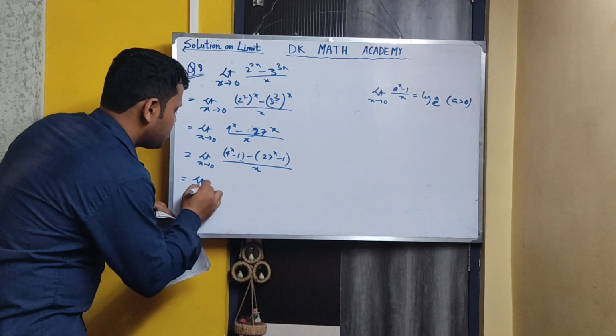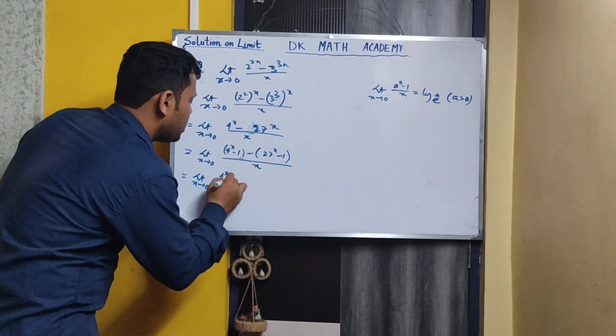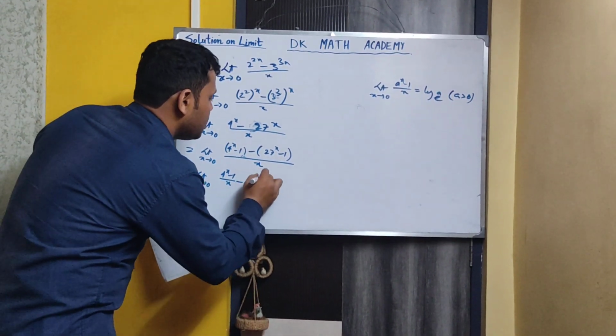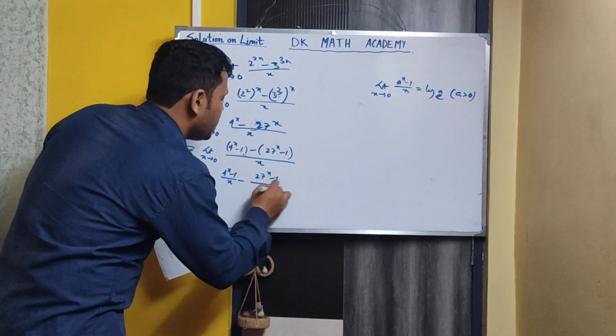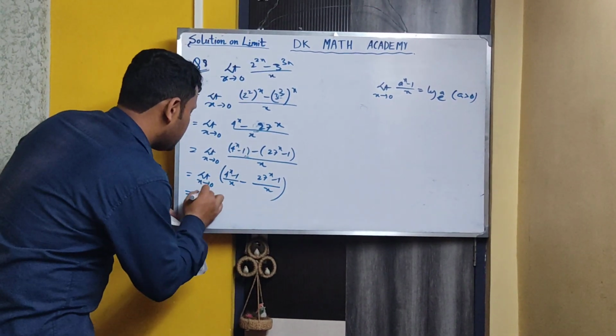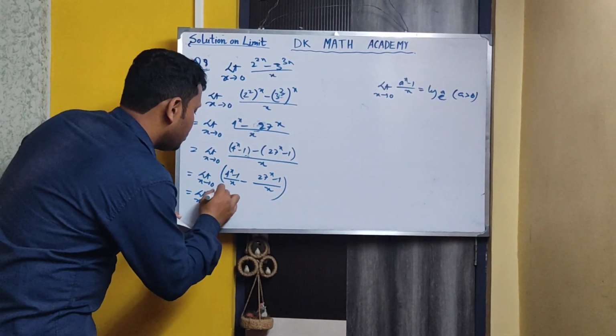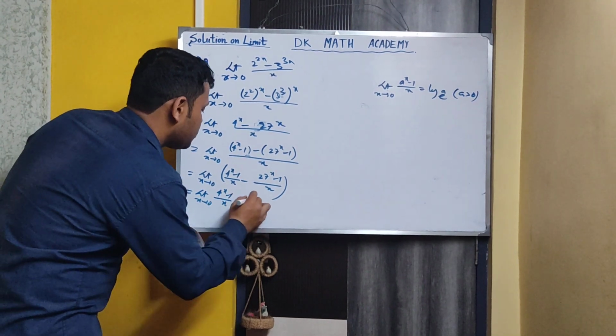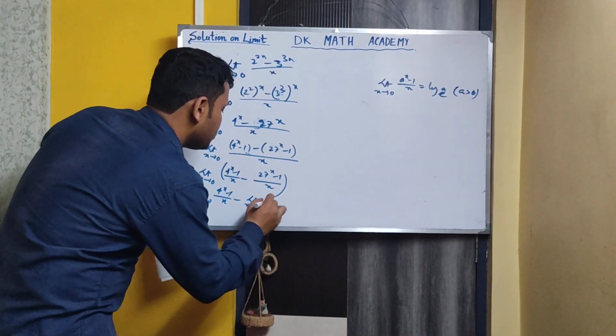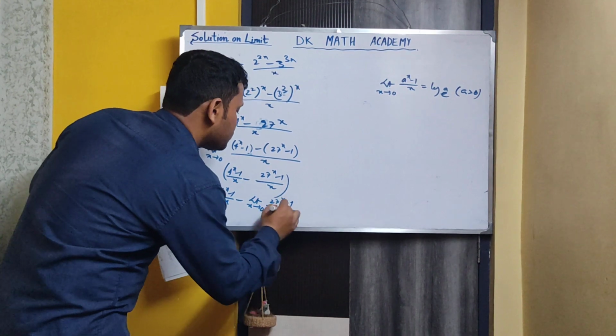Limit x tends to 0, (4 to the power x minus 1) by x minus (27 to the power x minus 1) by x. So this is limit x tends to 0, (4 to the power x minus 1) by x minus limit x tends to 0, (27 to the power x minus 1) by x.